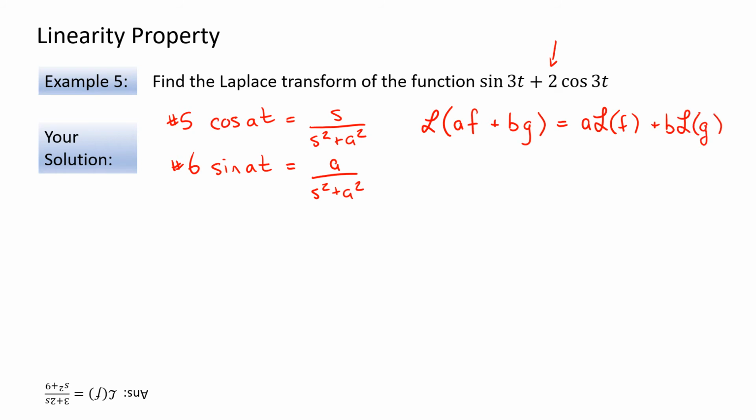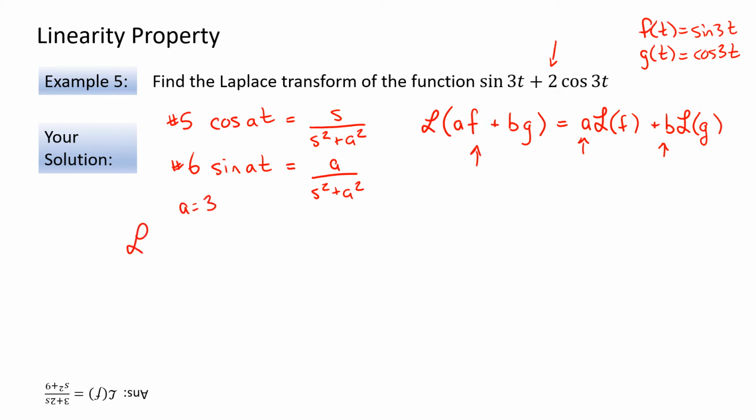So in this case, f of t is sine of 3t, g of t is cosine of 3t, and for the purposes of our Laplace transform, the constant behind the sine function is 1, and behind the cosine function is 2. So first, let's find the Laplace transforms, and then we'll put them in this equation to find the overall Laplace transform. Okay? So for the first function, sine of 3t, well, we know that a must be 3.